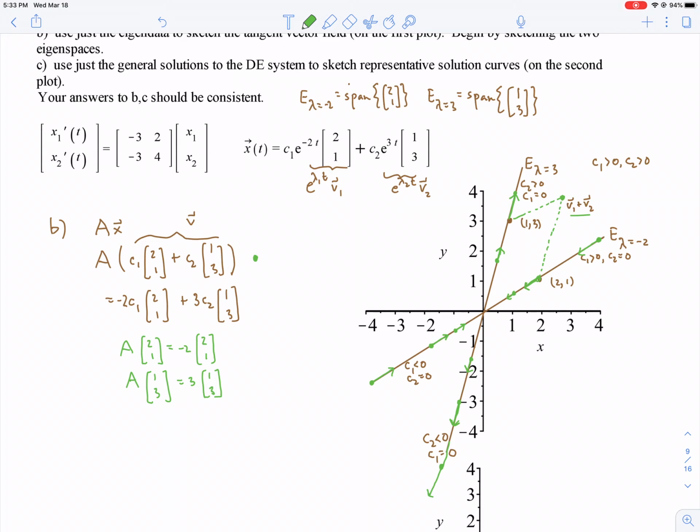So I take the arrow that I had down at (2, 1), and then I add the displacement arrow that I had at (1, 3). And so the resulting sum is this vector.